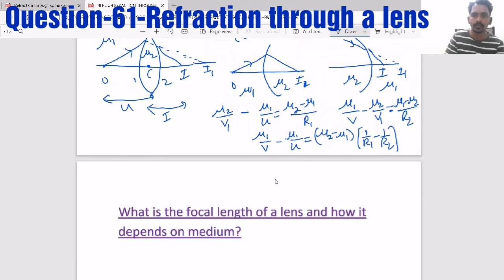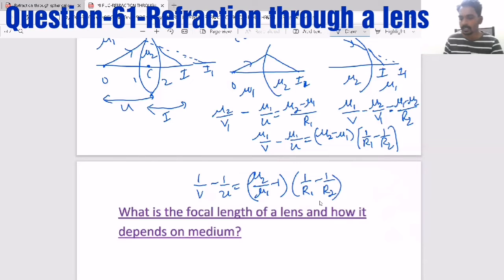If you take mu1 common, then 1 by V minus 1 by U equals mu2 by mu1 minus 1 times 1 by R1 minus 1 by R2. So this is the formula for refraction through a lens.